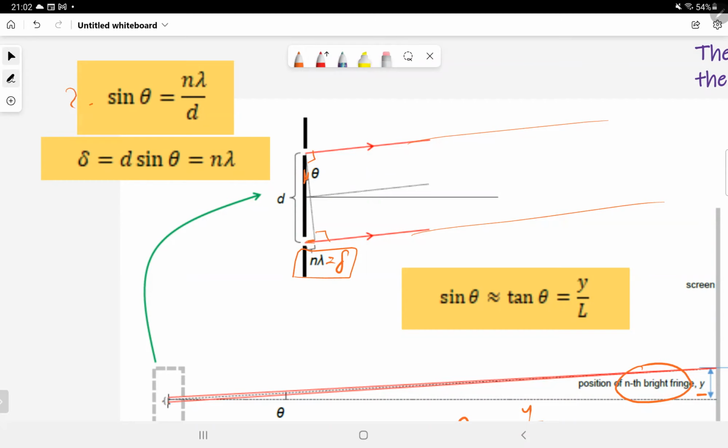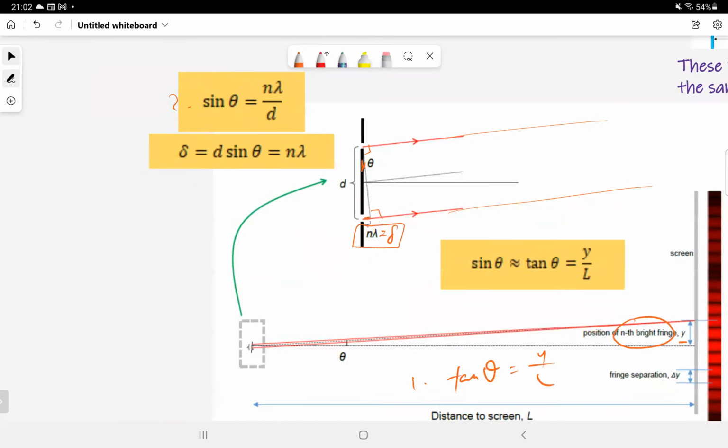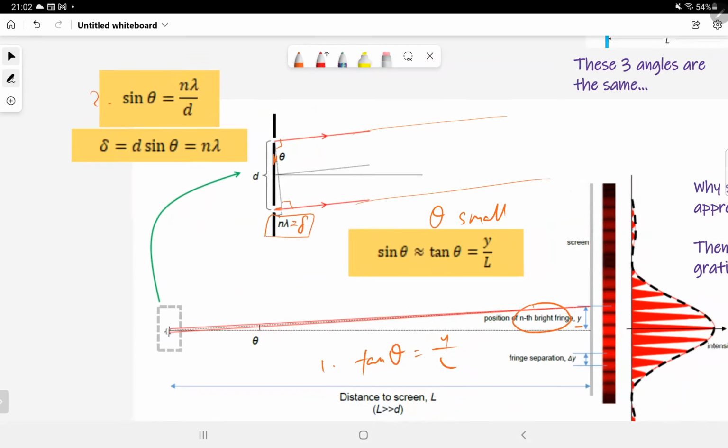Now we are going to do a small angle approximation. When theta is small, then sine theta equals tangent theta. Some of you may not be too comfortable with this. Not too difficult. Let's draw a triangle to prove to ourselves.